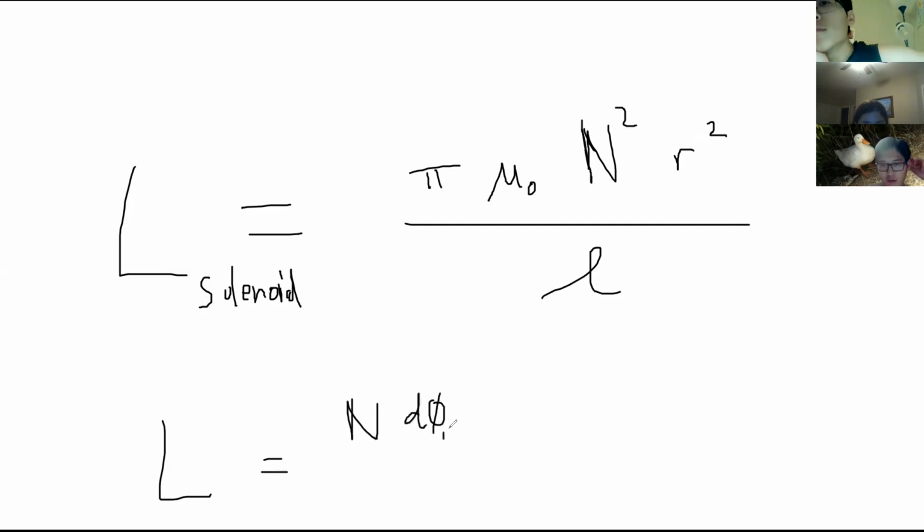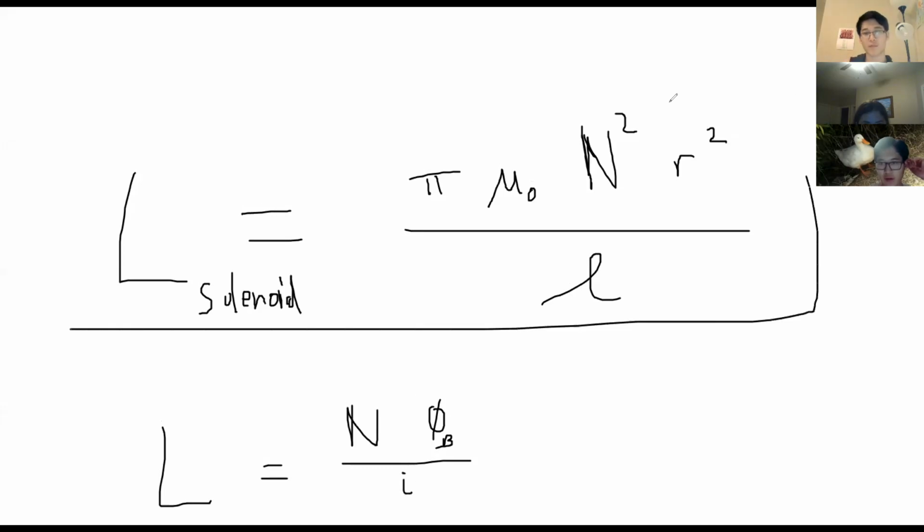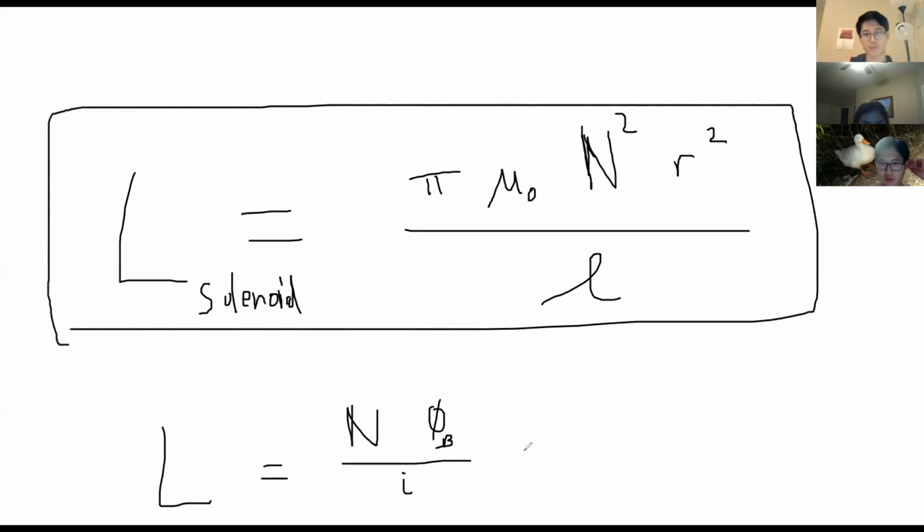Is this the equation you had? L is equal to flux divided by current. Oh yeah, there's no D. I just derived this from Kevin's equation, but just know this one. This one probably won't be tested, but you could have it on there anyway. You know how to calculate flux. So this is the L of a solenoid.